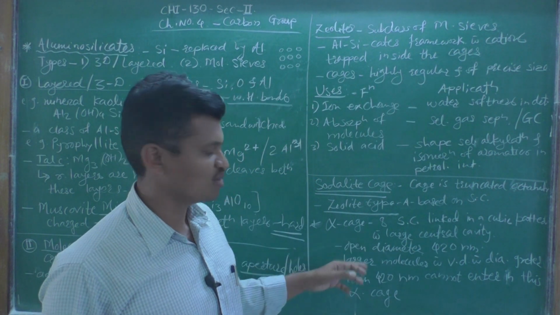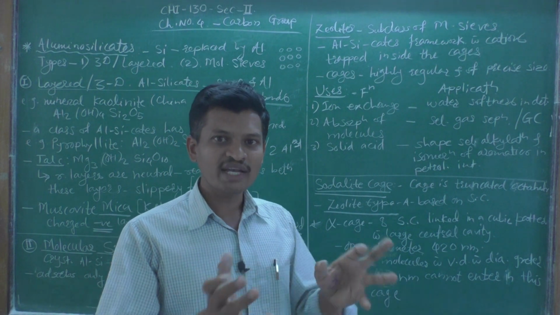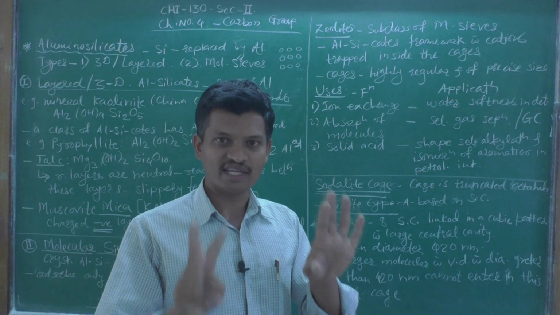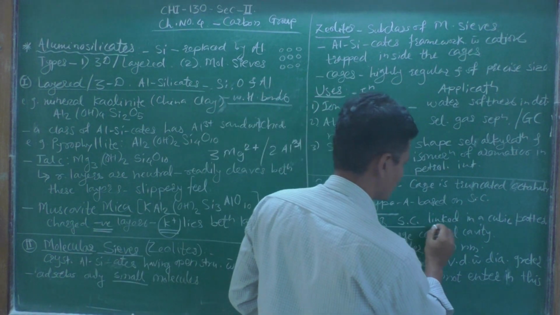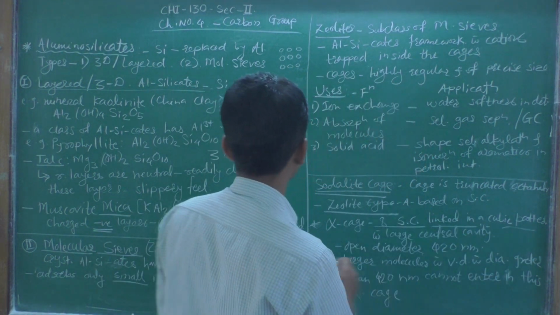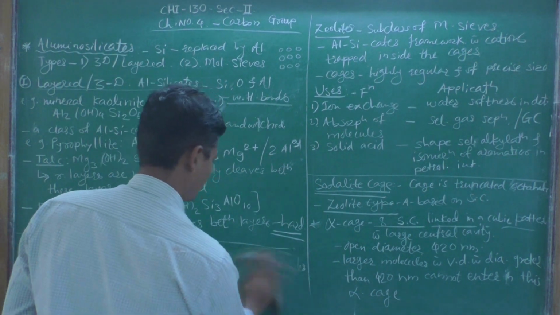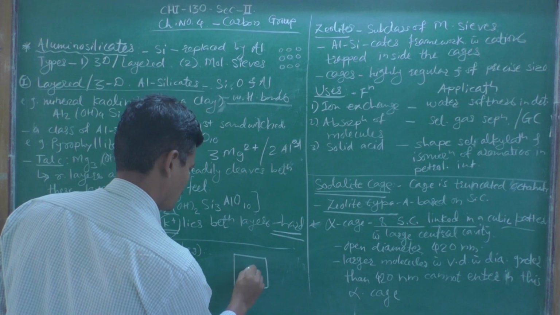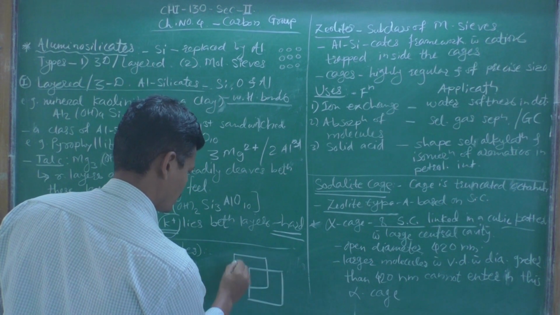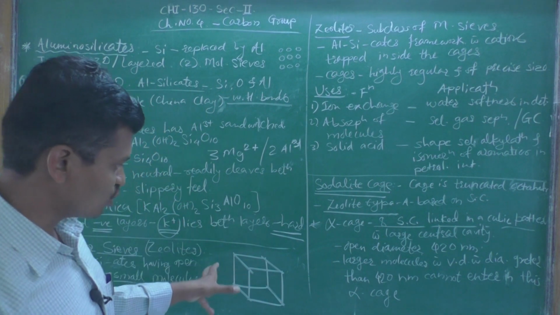Then the alpha cage. What is meant by alpha cage? When 8 sodalite cages are linked together in a cubic pattern. We know the structure of a cube.